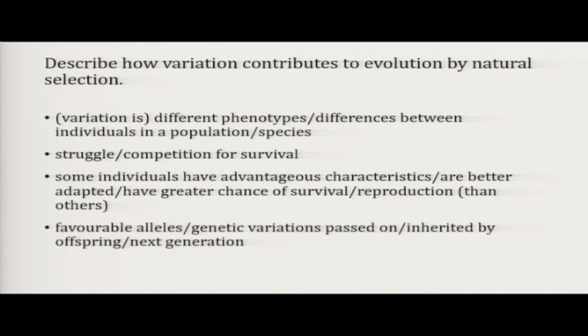At the end of the day, the favorable, advantageous ones are inherited into the next generation. So you have better and better offsprings passed on to the next. The least and least, poorly designed with poor features, get kicked out. So nature is choosing.